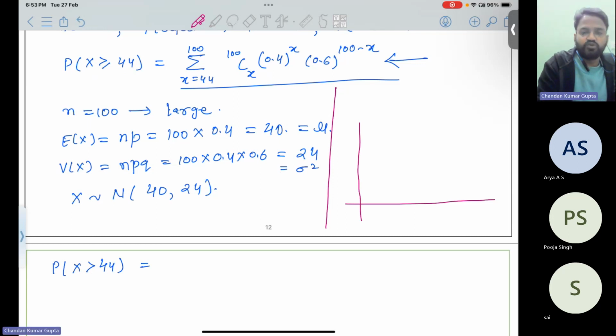When we are dealing with the binomial distribution, it is a discrete type of distribution, so at different values of x we have some probability.